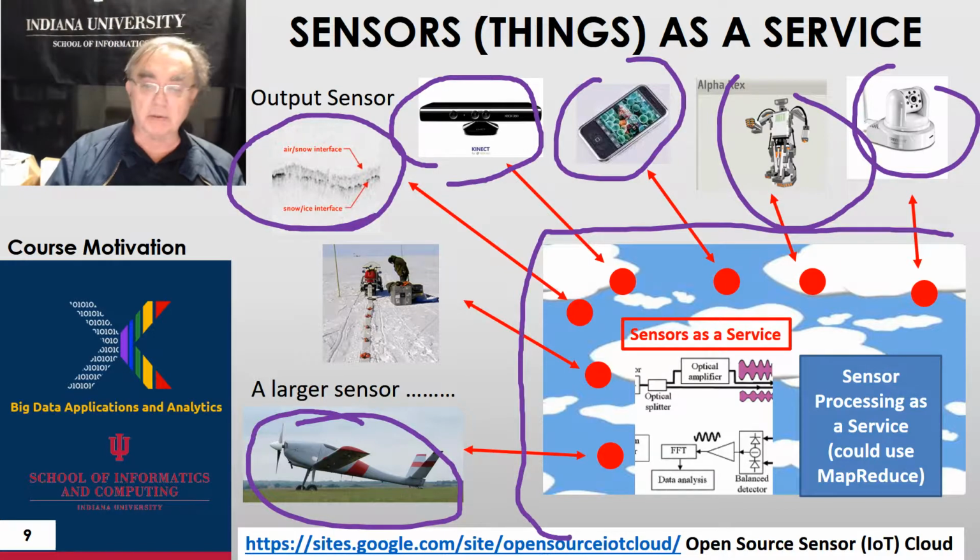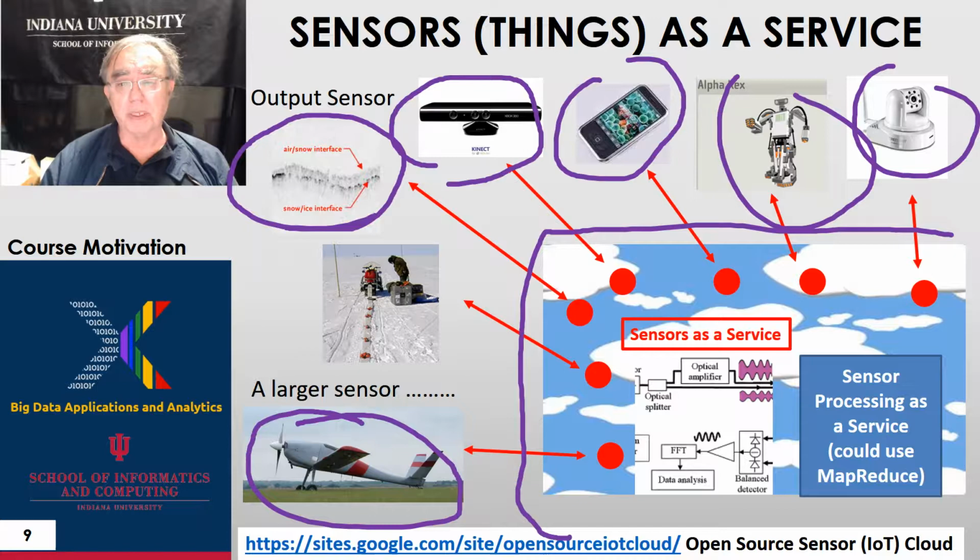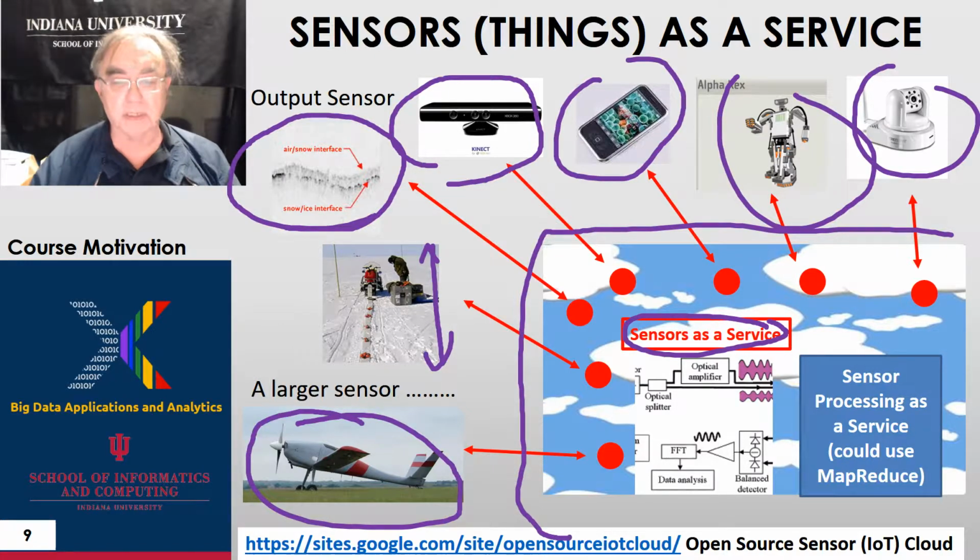And that's what I call sensors as a service, and that sensor processing as a service is, I pointed out, done through Storm. In this case, it is designed for glaciology remote sensing data, which we'll hear about at the end of the course. Sensors as a service is running the software to process the raw data from the sensors in the cloud.